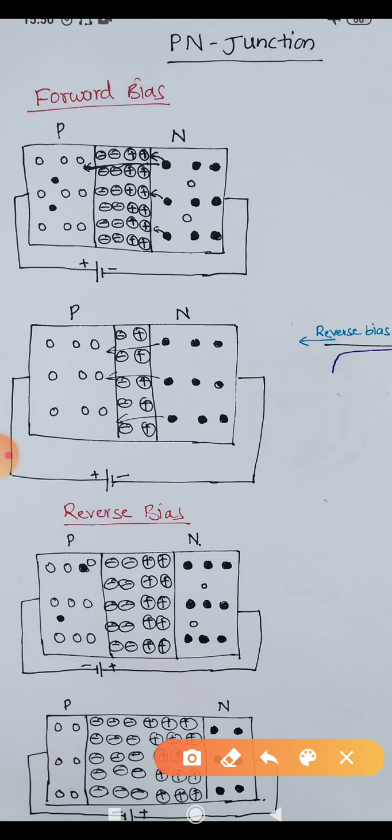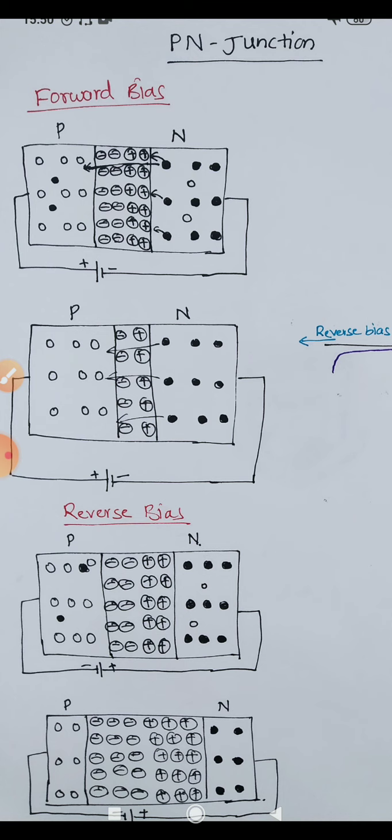Suppose you are connecting the P-type semiconductor to the positive terminal of the battery and the N-type semiconductor to the negative terminal of the battery, then such a configuration is called forward bias configuration.